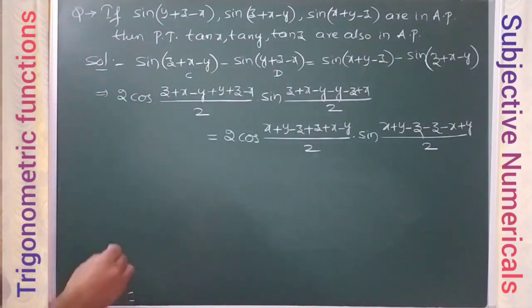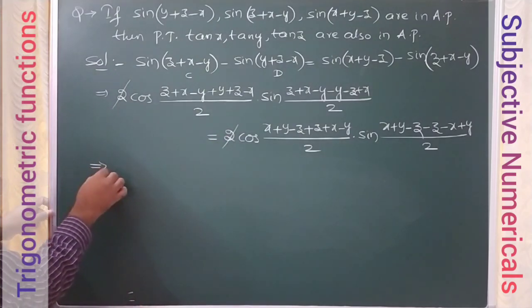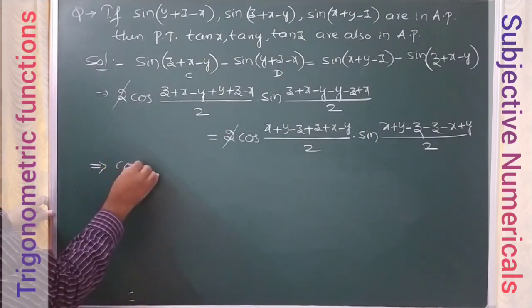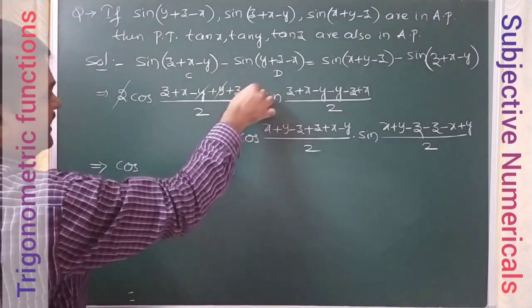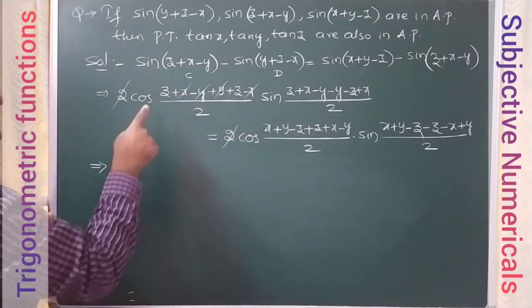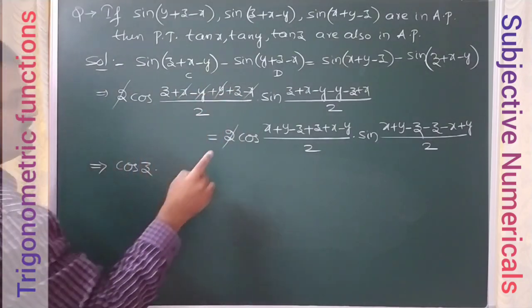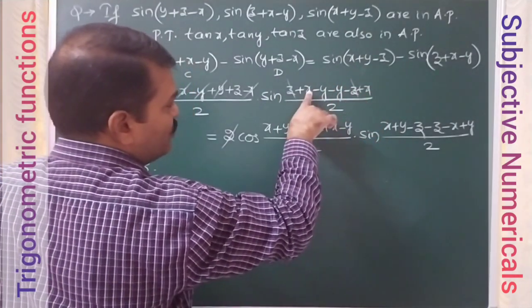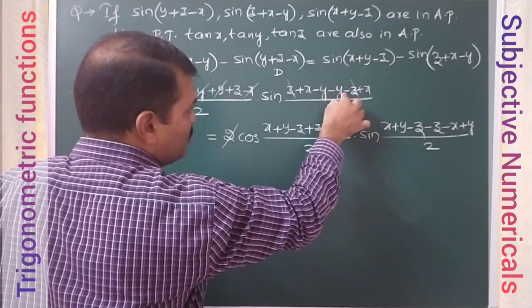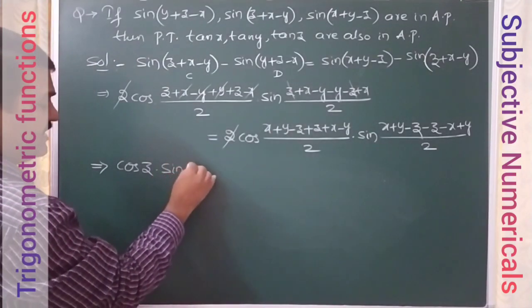Now we have to simplify. Both sides I can cancel 2. Simplifying cos: here y cancels, x cancels, z plus z is 2z, by 2. Here z minus z cancels, so (2x − 2y)/2. What will we get? x minus y.